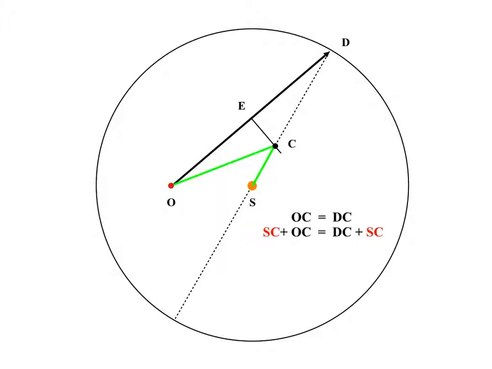And let's add SC to both sides of the equation. So SC plus OC equals DC plus SC. But DC plus SC is just r, the radius of the dV circle, which of course is constant. So no matter where we put our velocity vector, SC plus OC is going to be a constant.